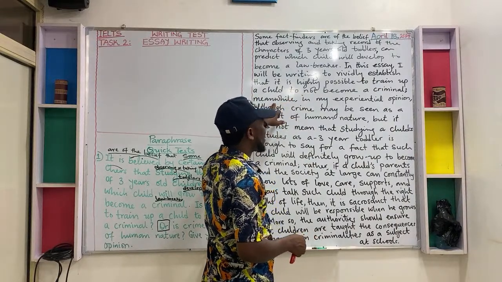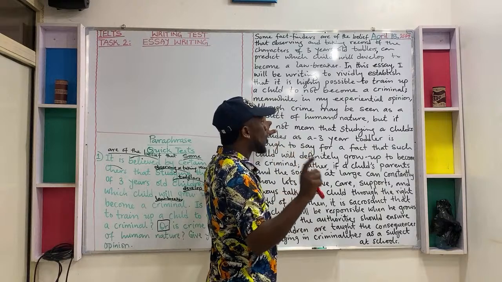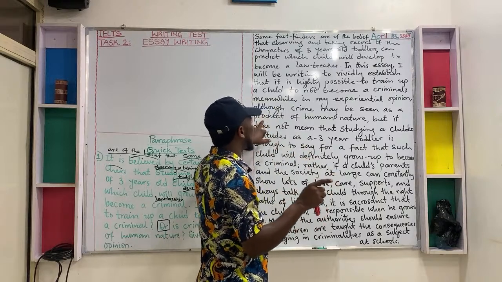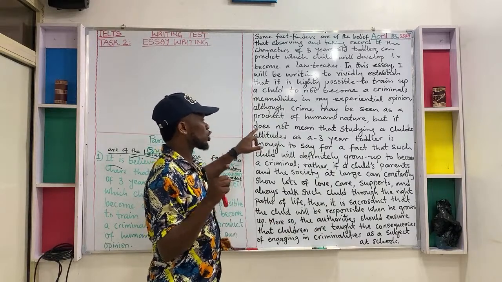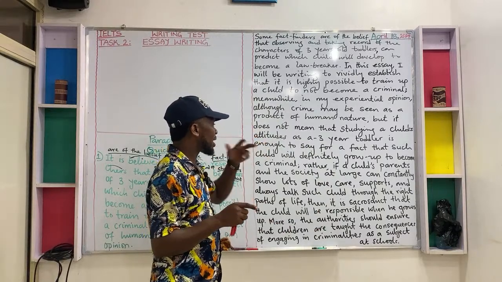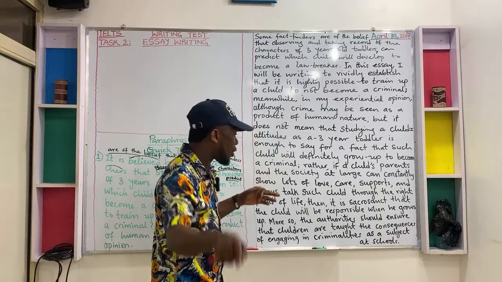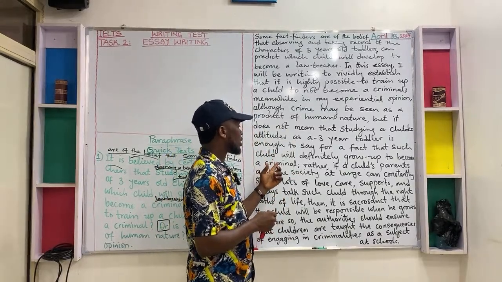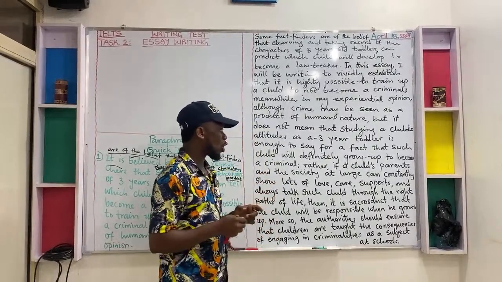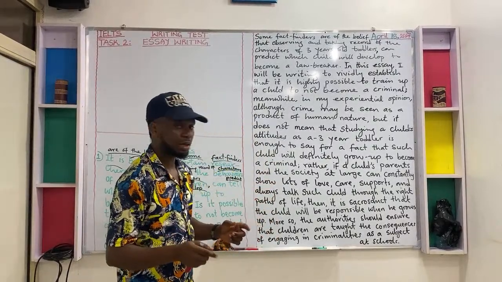Meanwhile, in my experiential opinion, although crime may be seen as a product of human nature, it does not mean that studying a child's attitude as a 3-year-old toddler is enough to say for a fact that such child will definitely grow up to become a criminal.